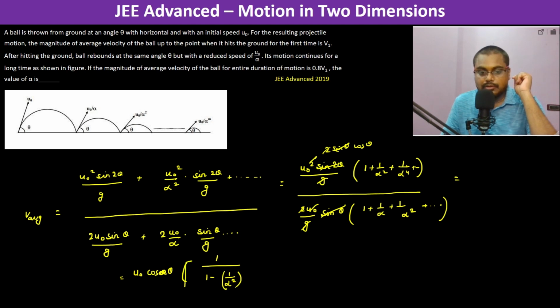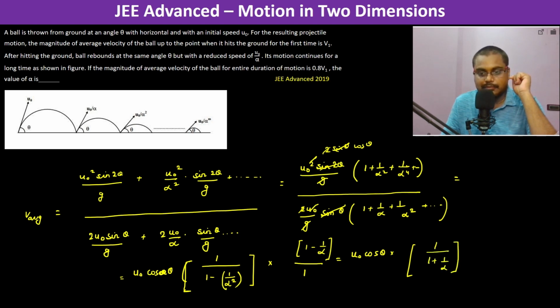Okay, now because this is infinity, that's why we are taking this into 1 divided by 1 minus 1 by alpha. So this becomes u naught cos theta into 1 divided by 1 plus 1 by alpha.